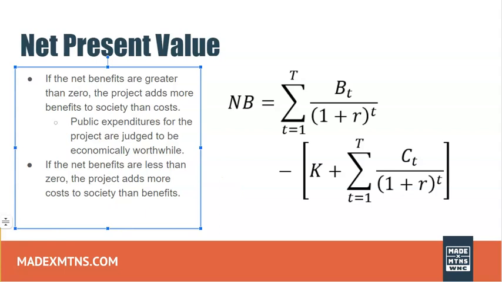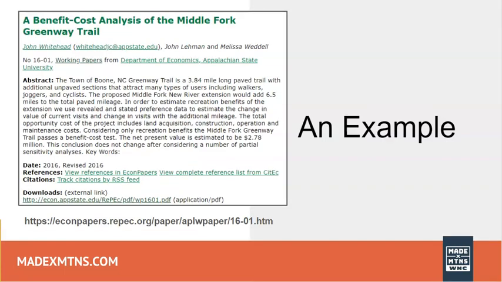Okay, so if you are interested at all in an example, here is a benefit cost analysis of the Middle Fork Greenway Trail. This is a local project that myself and John Lehman and Melissa Weddle worked on, and we had a little report and we wrote it up as a full-blown benefit cost analysis, and I think it's a decent example of how one works.